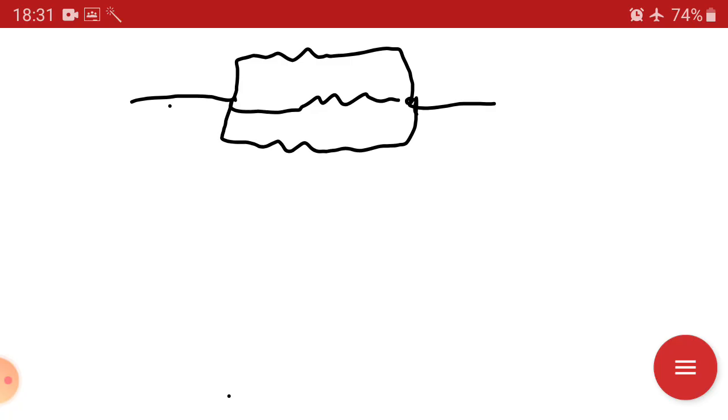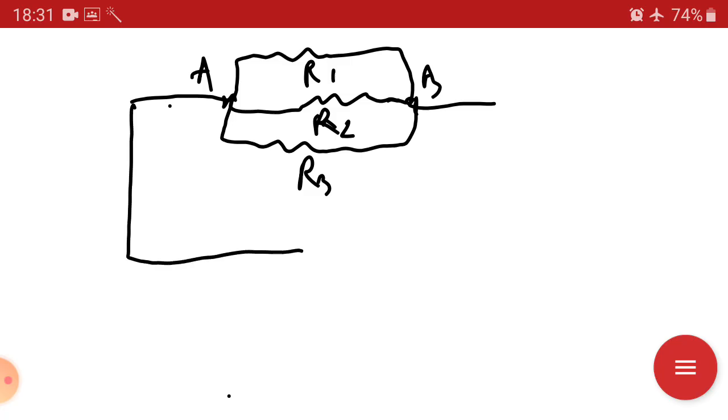You can see all three resistors have their ends connected to the same two points, let's say A and B. This is R1, R2 and R3, all three resistors connected in parallel, because their ends are connected to the same points. Such a situation we call resistors in parallel.